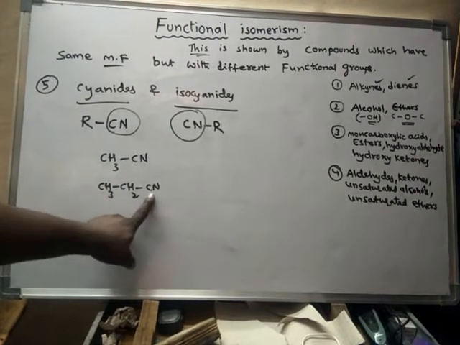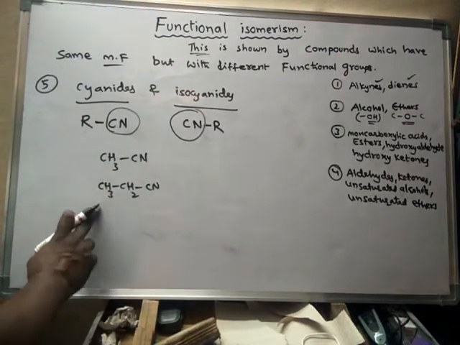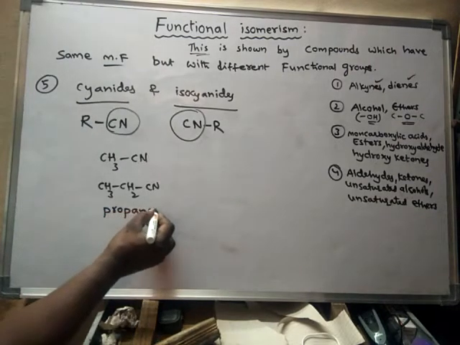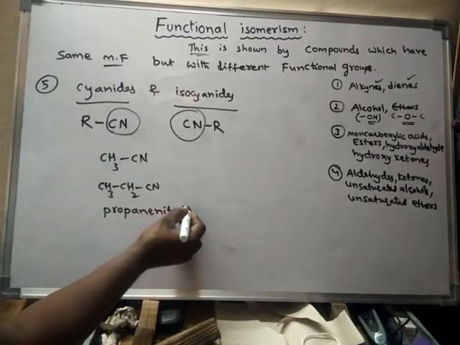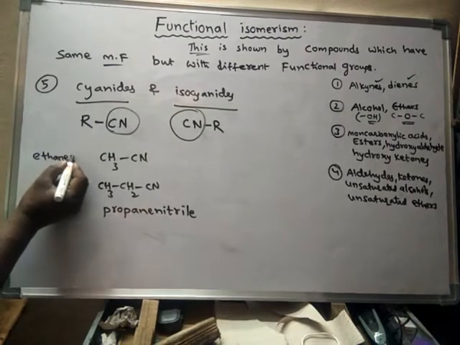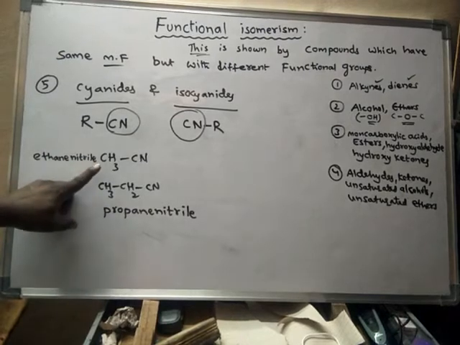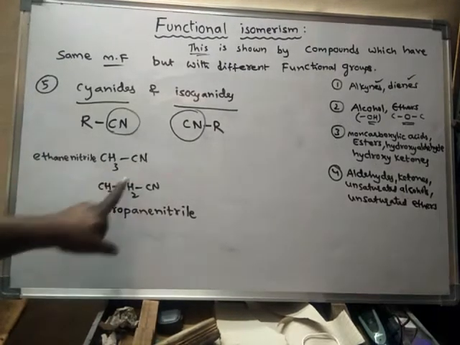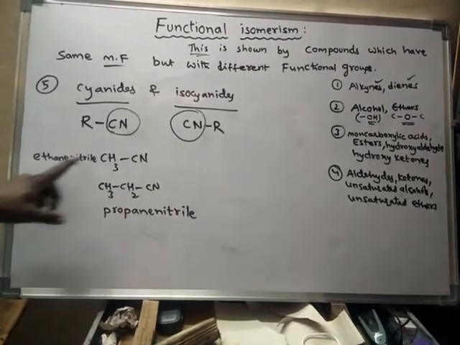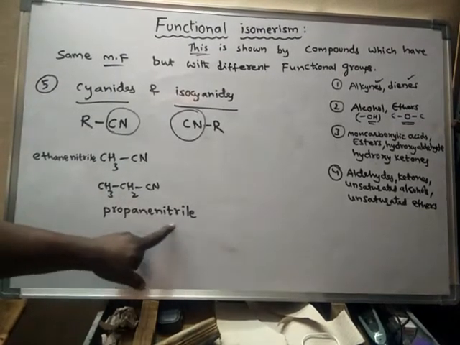So here it is ethane nitrile, and here propane nitrile. Or simply the common names methyl cyanide and ethyl cyanide. So the IUPAC name of the first is ethane nitrile, and of the second is propane nitrile.